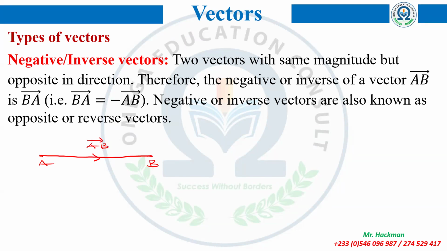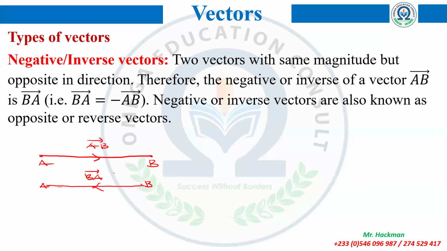Immediately I move from B to A, then you can see that now I'm walking in the opposite direction. So I can still have my A here, have my B, and I'm linking these two points, so I'm forming a line, but this time round I'm moving from here to here. So this will give me the vector BA.